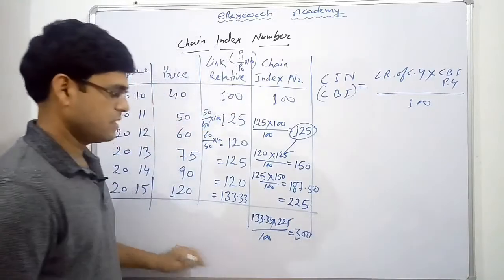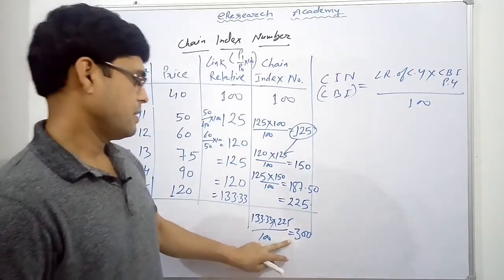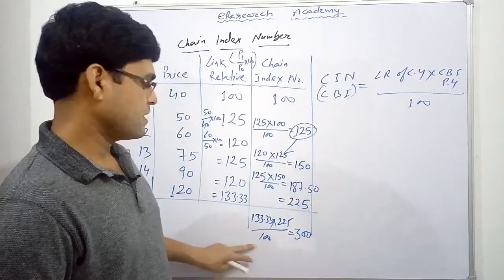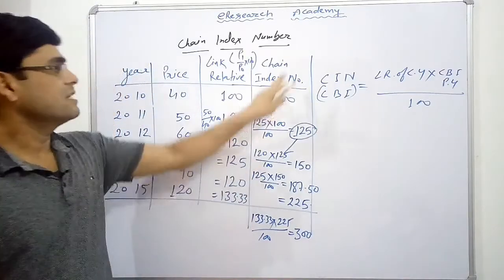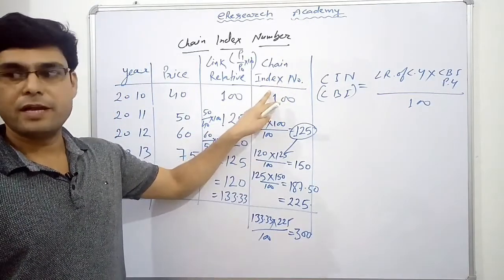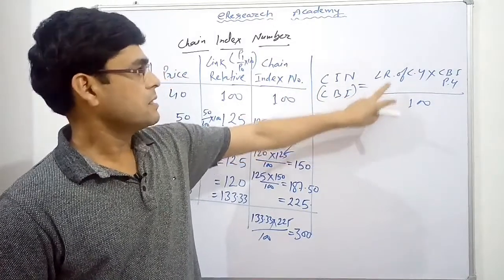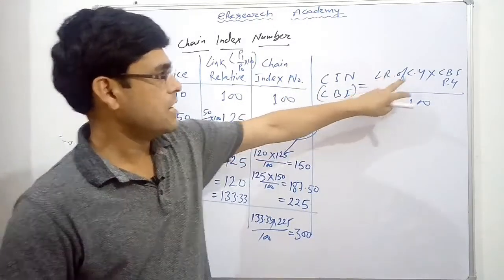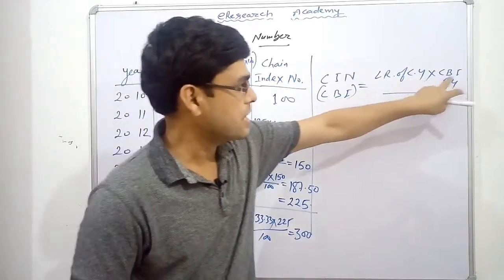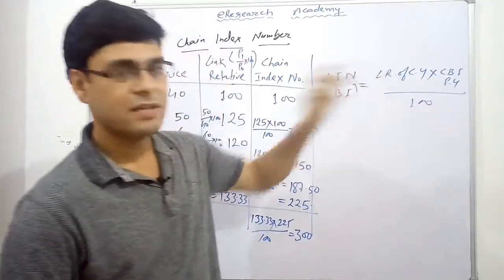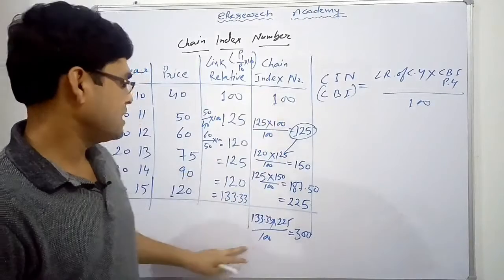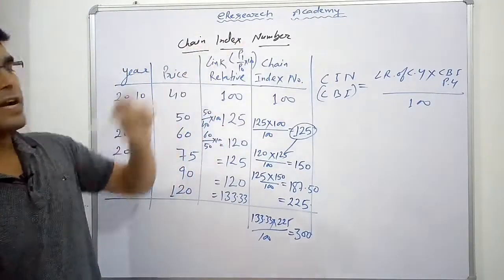So this way we construct our chain index number. We only have to remember this formula: link relative of the current year into chain index of the previous year by 100.